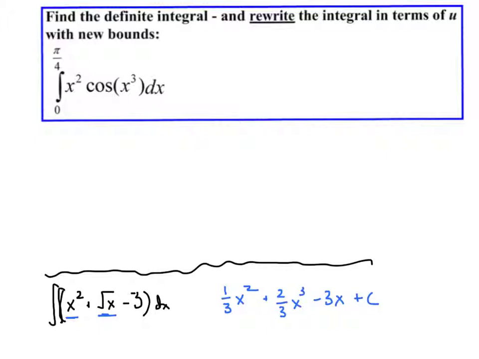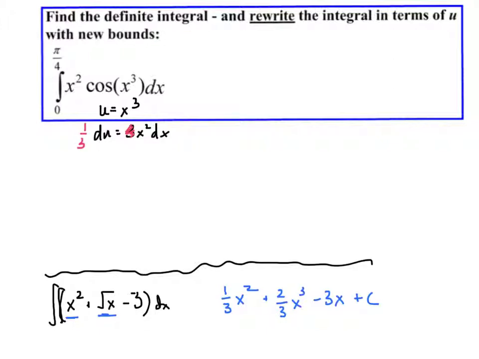Substitution, what we look for are a product. We have that here. We have x squared multiplied by the cosine of x cubed. Now I'm going to make u equal to x cubed, and then du is equal to 3x squared dx. I'm going to divide both sides by 3, like that.